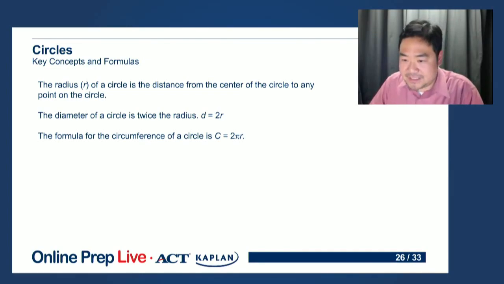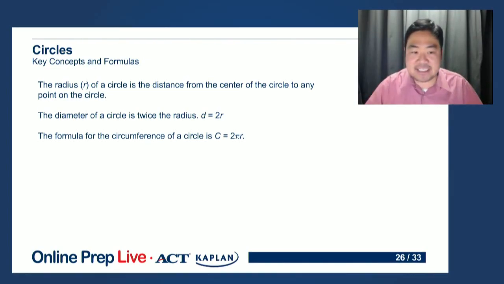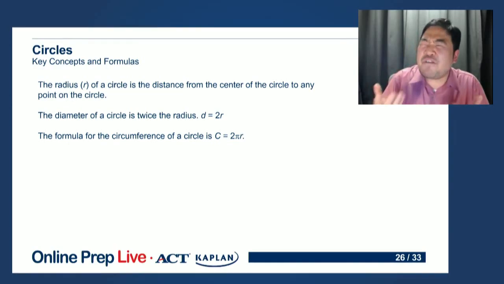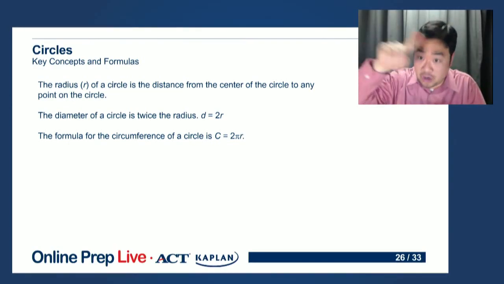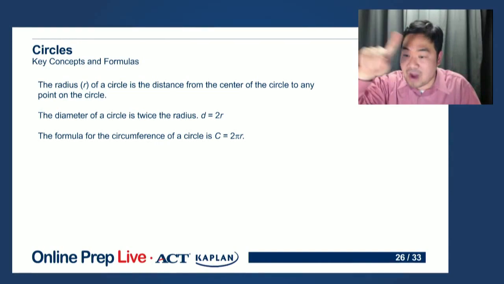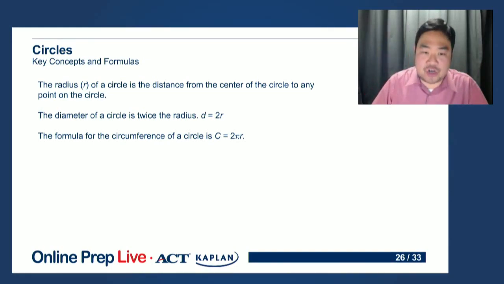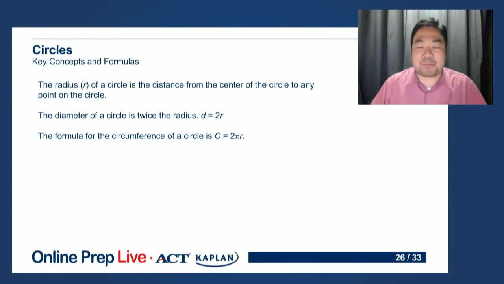Circumference is essentially a fancy word for the perimeter of the circle, the distance around the circle. Circumference is equal to 2 times pi, and all y'all remember pi, right? 3.14. For the purposes of the ACT, really all you need to remember is 3.14.